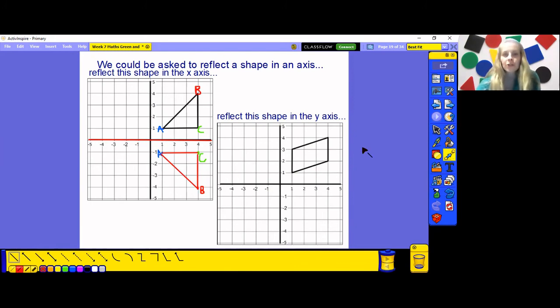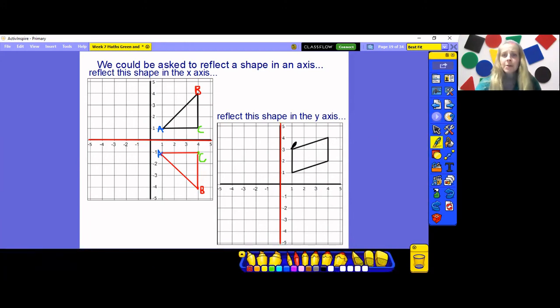Now, this one, you need to be really focused in on the y-axis and reflecting the shape in the y-axis. So we're not looking at the x-axis anymore. This is where our line of reflection is, our mirror line. Okay, so exact same principle. This is a little bit trickier because we have got a parallelogram there, so it makes it a little bit trickier to navigate, but same principle.